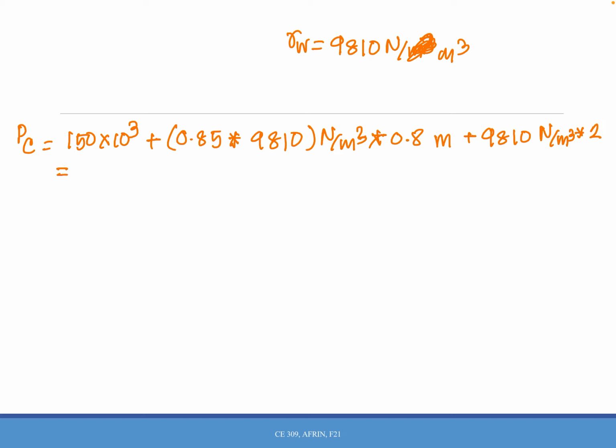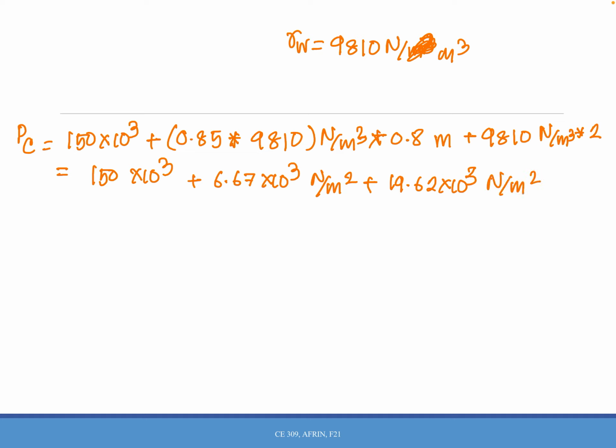Okay. So it will be 150 kilonewton per meter square, and then 6.67. I already calculated the result, so that's why I'm just directly writing down the value. And for this one, 19.62 kilonewton per meter square.